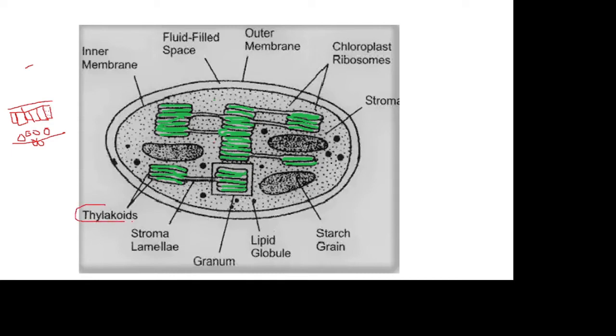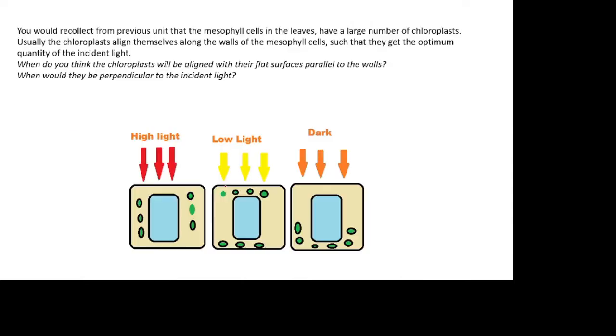These thylakoids are single structures, and if they come together they form a granum, and these grana are connected with each other with the help of a stroma lamella. It is a connection between two thylakoids, or we can say two grana. Other than this, there are lipid globules, starch grains, and other important components of the chloroplast. Now this is the site where this part of photosynthesis is taking place.